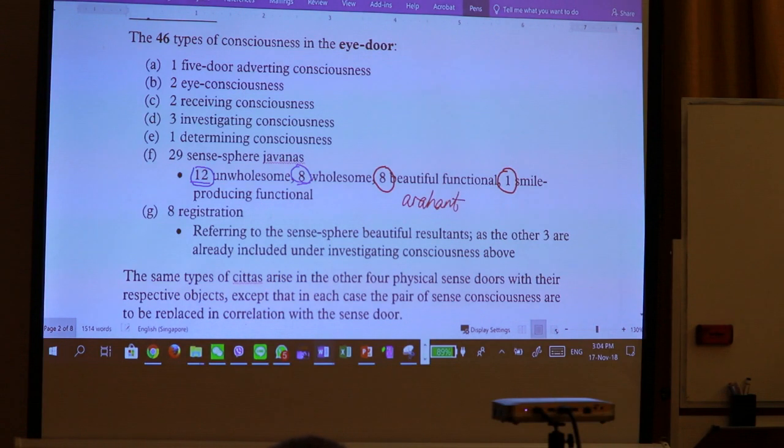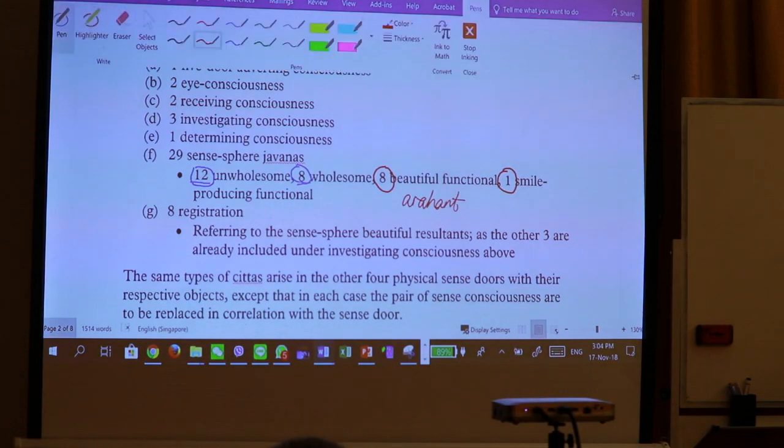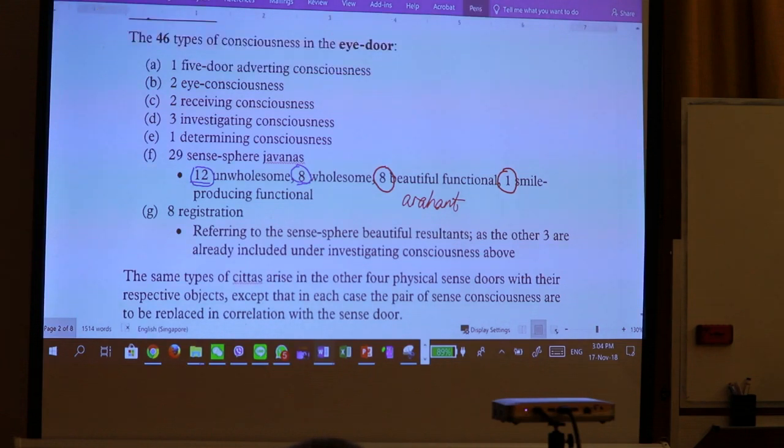Example, now we are practicing meditation. Because of the meditation, we are seeing the Buddha, then we pay respect. We also can get wholesome. We are cultivating wholesome. The Arahat also respects the Buddha. They also offer something to the Buddha. At that time they also can get a wholesome mind.